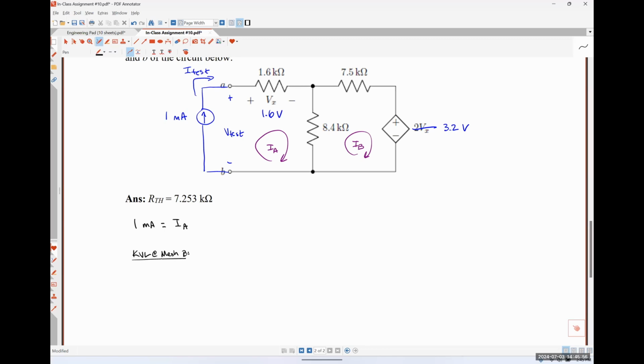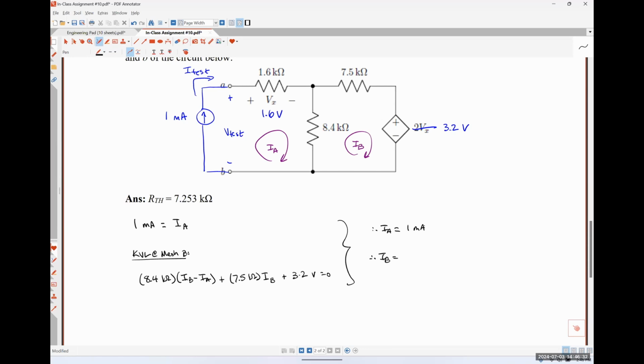So around mesh B, we're going to have 8.4 kilo ohms times (IB minus IA) plus 7.5 kilo ohms times IB plus 3.2 volts is equal to 0. And we're going to solve this system for IA and IB, and this is very obviously going to be 1 milliamp.